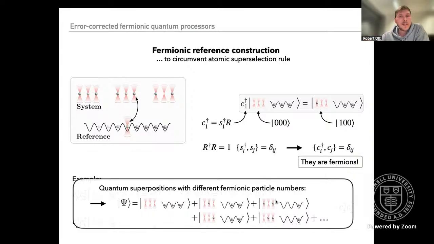So by repeatedly applying these effective fermion operators, we can realize these superposition states. You can see here the structure of the R tells you there's no actual structure in the reference other than how many atoms are left, right?